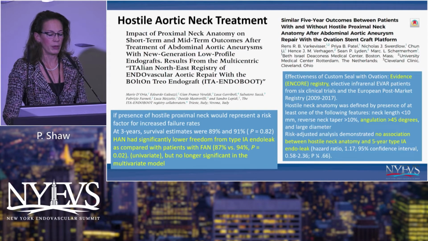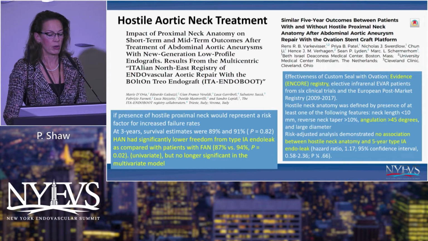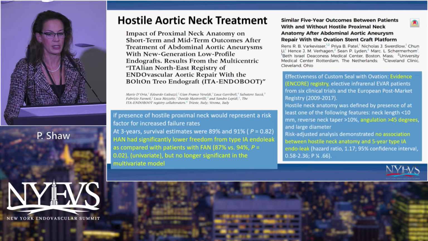But others have looked at the impact of the proximal neck anatomy on short and midterm outcomes in this Italian ENDOBOOT registry looking at the Bolton Treo endograft. And they tried to determine whether the presence of a hostile proximal neck would represent a risk factor for increased failure rates. And they looked at 3-year data, and ultimately, with a multivariate model, they did not see a significant difference with that device.